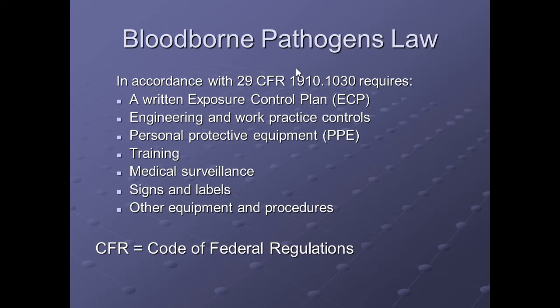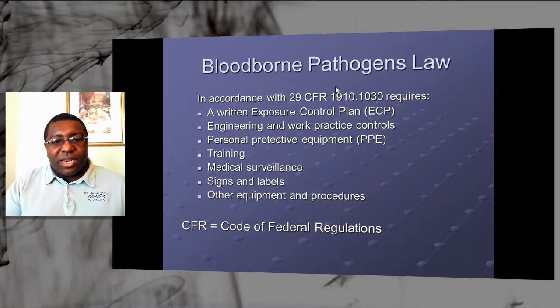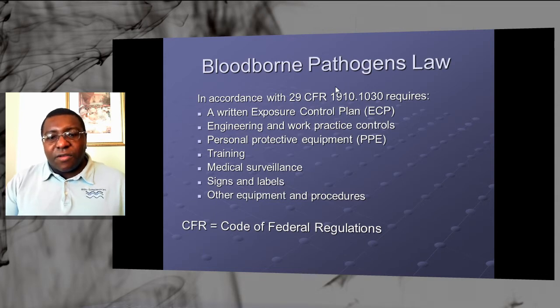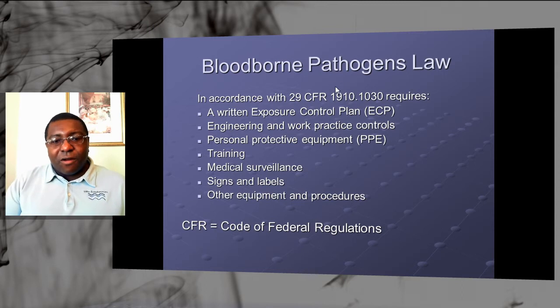OSHA has some bloodborne pathogen laws. Whenever you see 1910, you see 29, which is the Department of Labor. Anything under labor in the U.S. is under Title 29 in the Code of Federal Regulations, that's CFR.